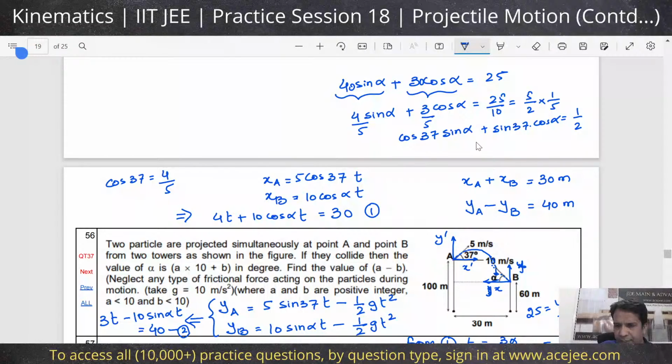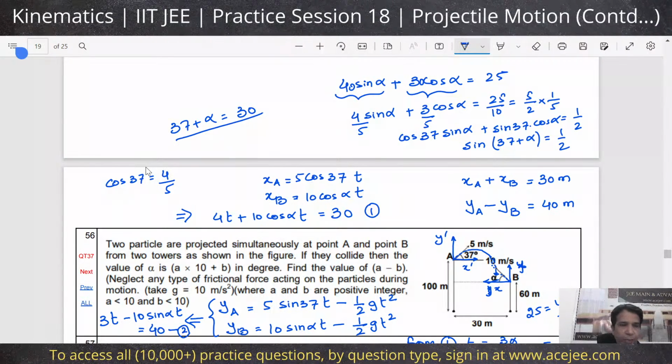So in that case, you would have sine of 37 plus alpha is equal to half. That means 37 plus alpha would be sine 30, right? Half is sine 30, correct? So this is going to be 30 degrees. That's how you would do it.